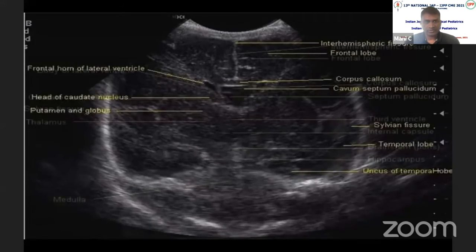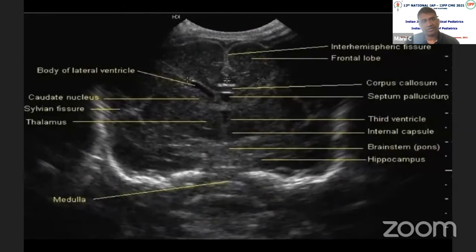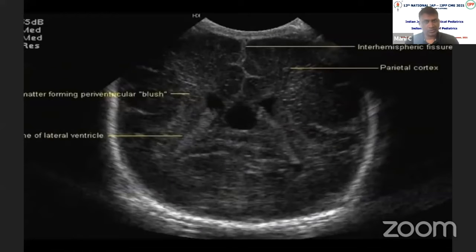As you go back, you can see the clear double-layered corpus callosum now, and both the lateral ventricles and also the third ventricle at this stage, and the thalamus as well as the hippocampus. As you go back, you see the posterior horn of the lateral ventricle where there is a choroid plexus.